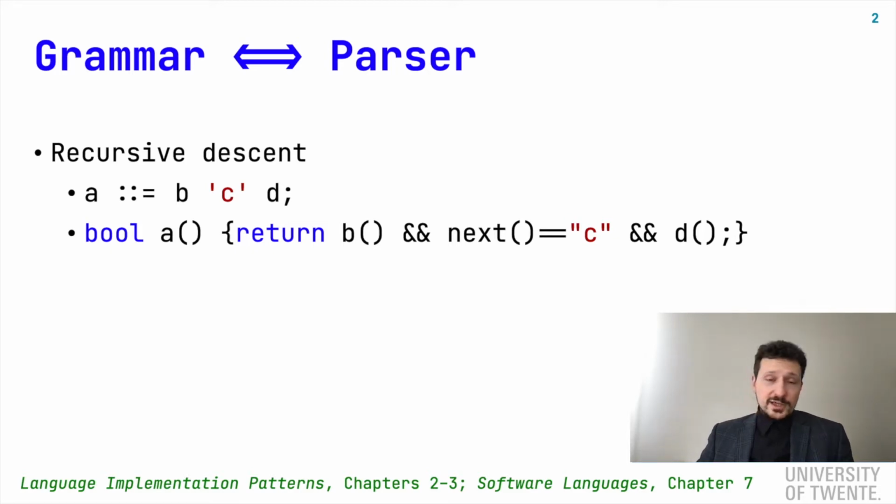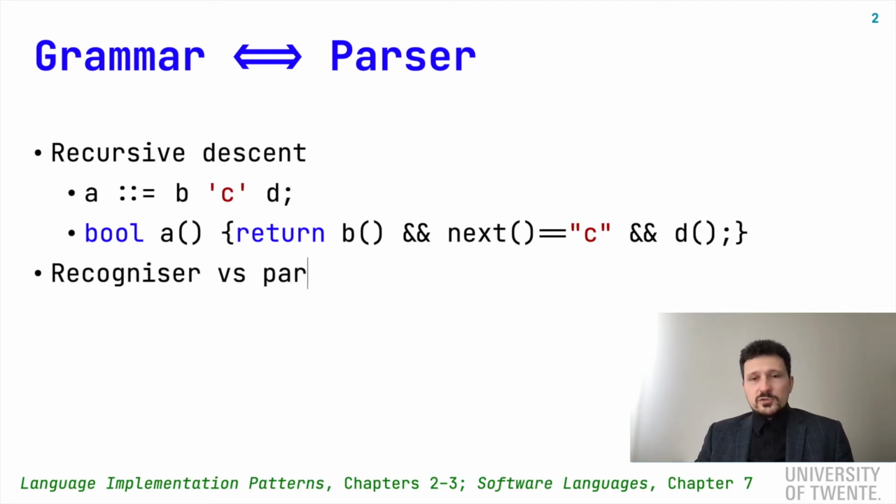So in order to recognize if something is an A, you do the B, whatever B does, then you check that the next token is C, and then you check if the remainder is D, and well, that's it. Right? And this is a recognizer. If you want to do a parser, you need to do a little more dancing around with local data structures and whatnot, but in general, this is exactly how it will go.